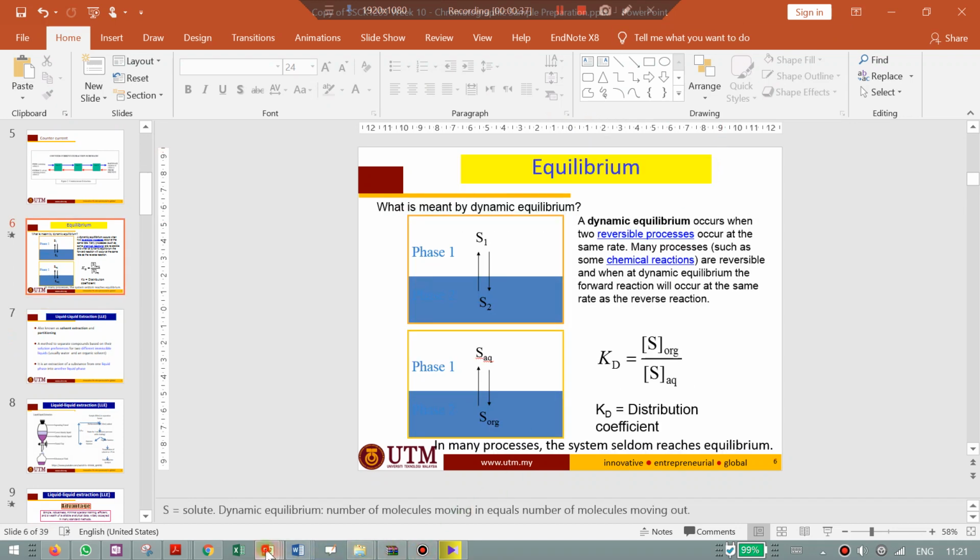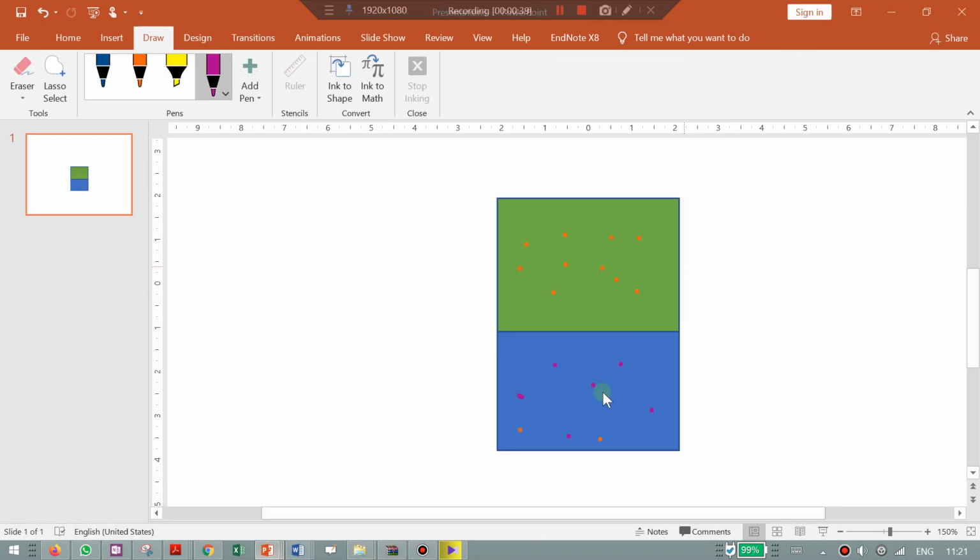In simple terms, why partitioning? Here is your sample and then here is your extraction solvent. What we call partition is that we create an invisible partition between the two, the sample and our extraction solvent, to extract our analyte of interest.